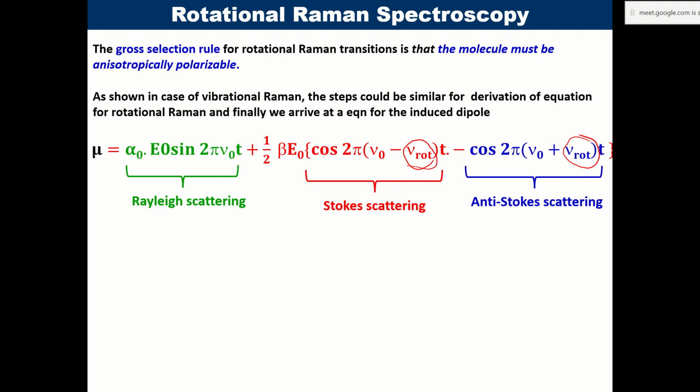So rotational excitation or de-excitation may occur, and that energy may be represented in the scattered light.